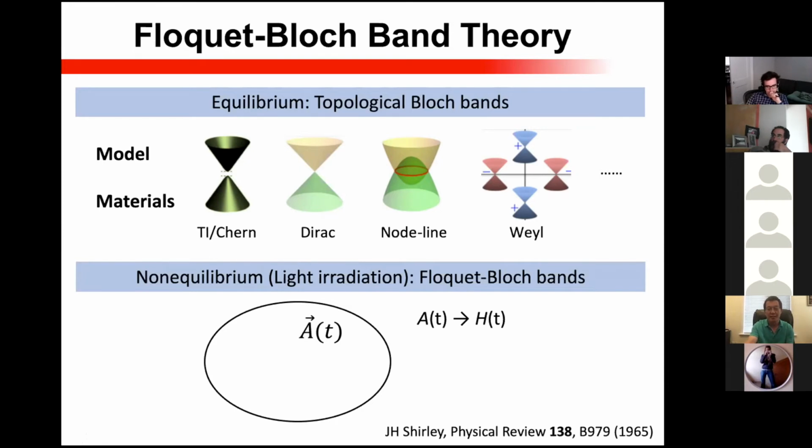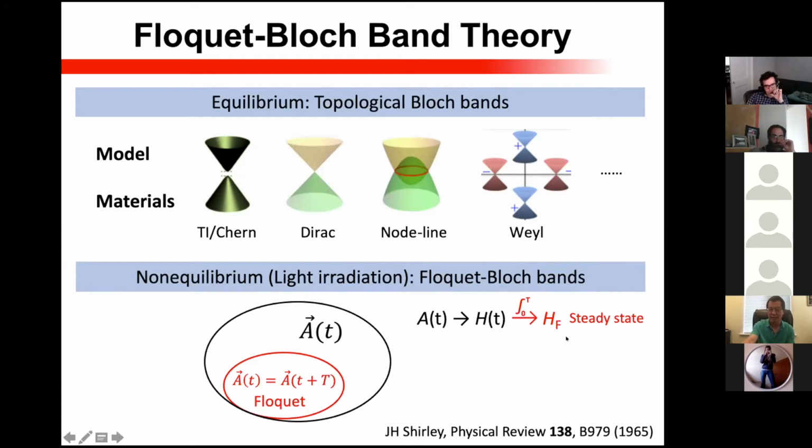and then the electronic band structure changes, leading to so-called Floquet-Bloch bands. Theoretically, you add a vector field, applying a periodic time-domain vector field, and then you can have a steady state solution by integrating over a period.